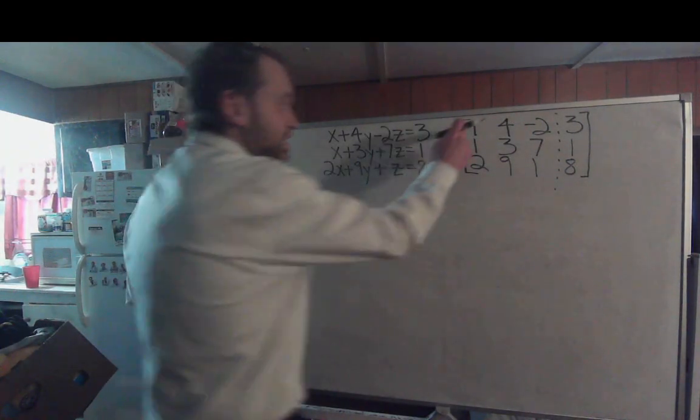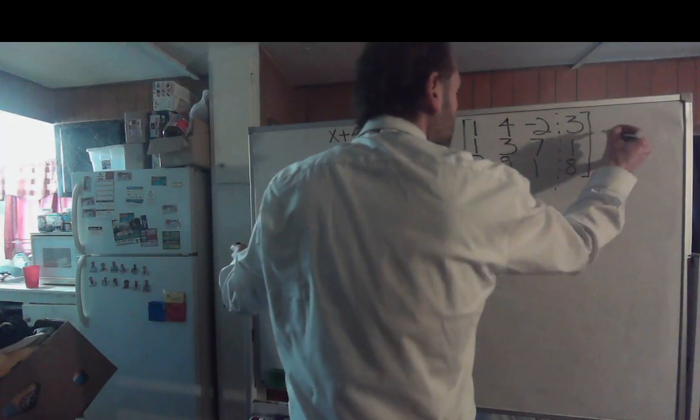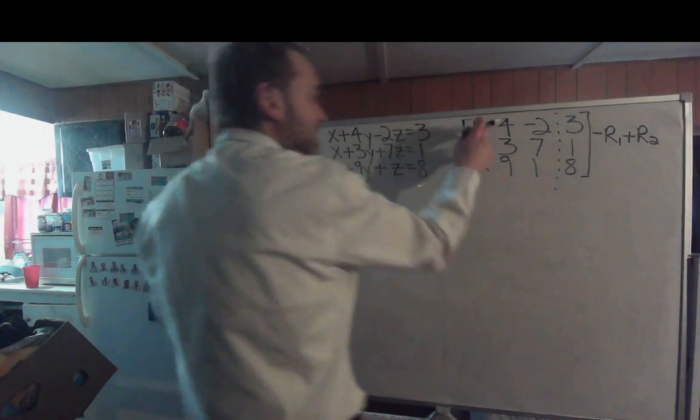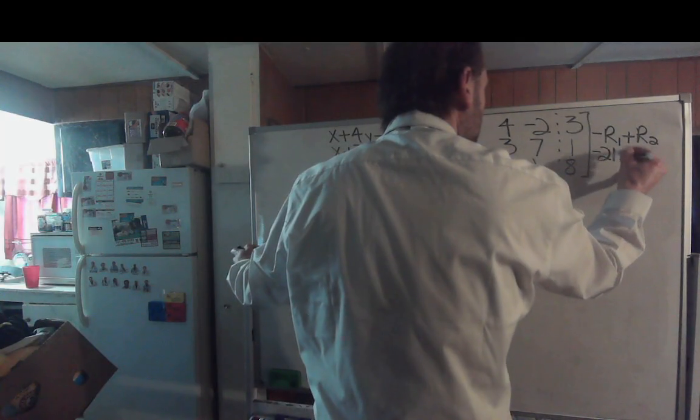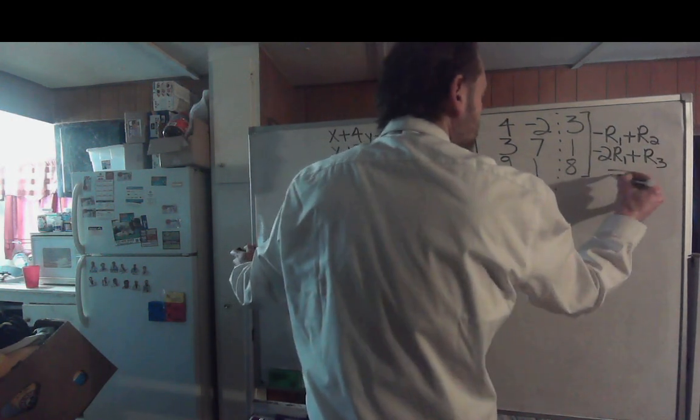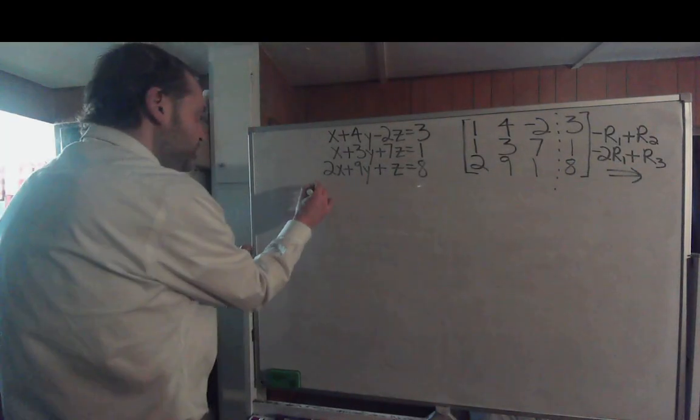So if I take the negative of row 1 and add that to row 2, I will definitely make my first digit a 0. Then if I take negative 2 times row 1 and add that to row 3, my first digit in that row will also become a 0. So let's do that and form our new matrix.